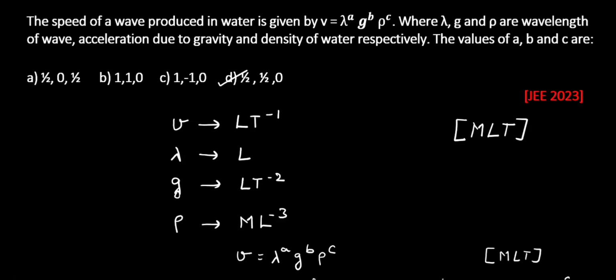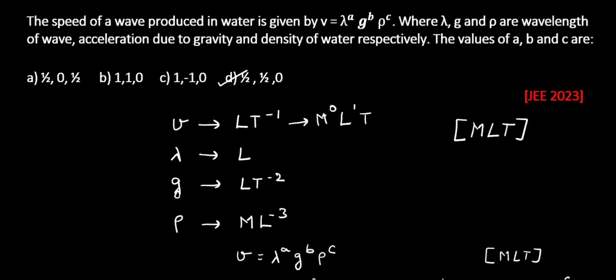First we have to take the dimensions of all the given quantities by expressing them in terms of MLT: mass, length and time. Here, for example, speed is denoted by length per time, L T power minus 1. Here we don't have a mass term, so we can take it as M power 0. M power 0 is 1, so L power 1.